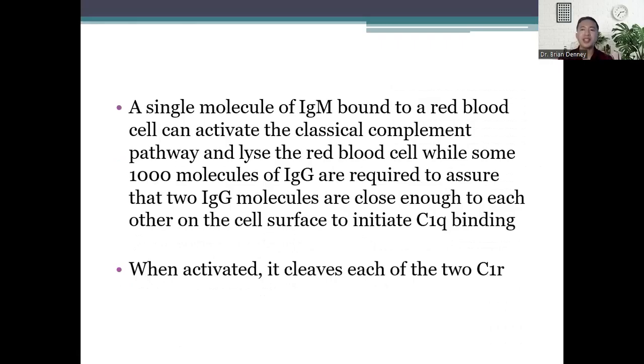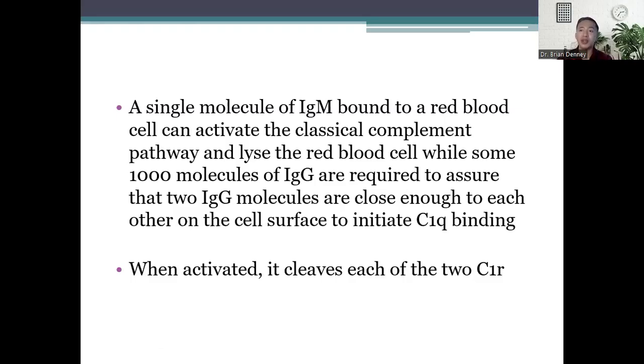So I've mentioned this already, no? That you only need a single molecule of IgM to activate the classical pathway, whereas you need 2 IgG molecules to activate the classical pathway. So much more cost-effective in IgM compared to your IgG molecules.